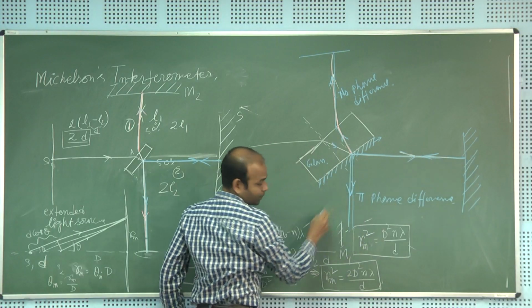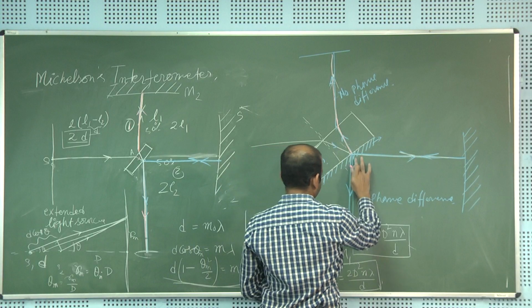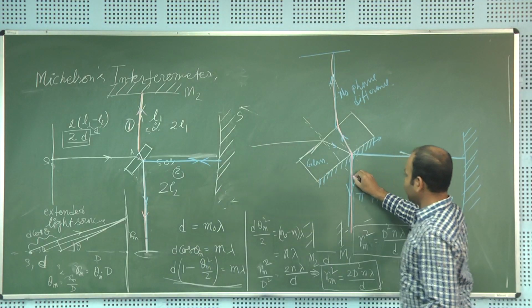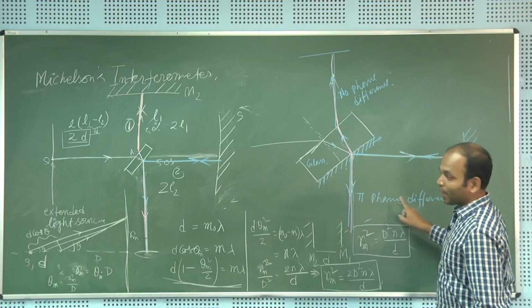So these two, if you see, one will have a 0 phase difference, the other one has pi phase difference.